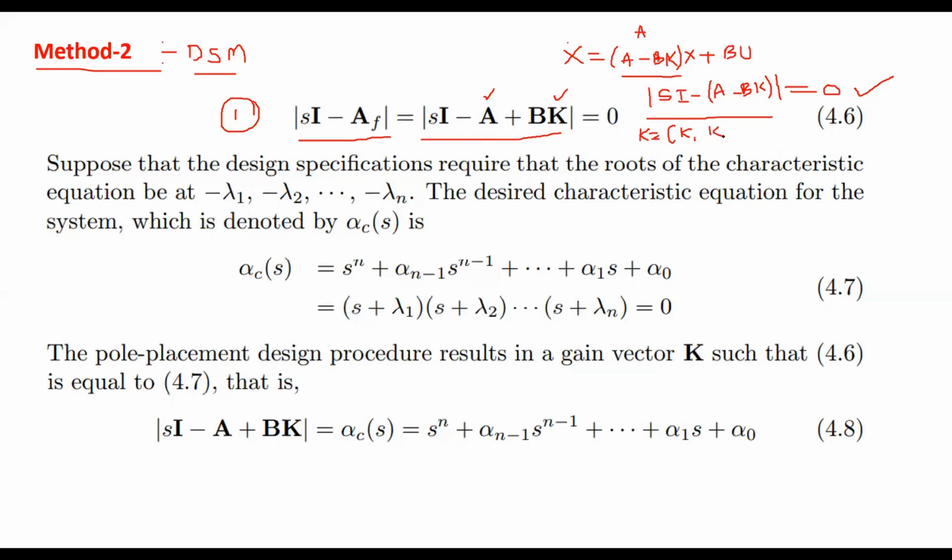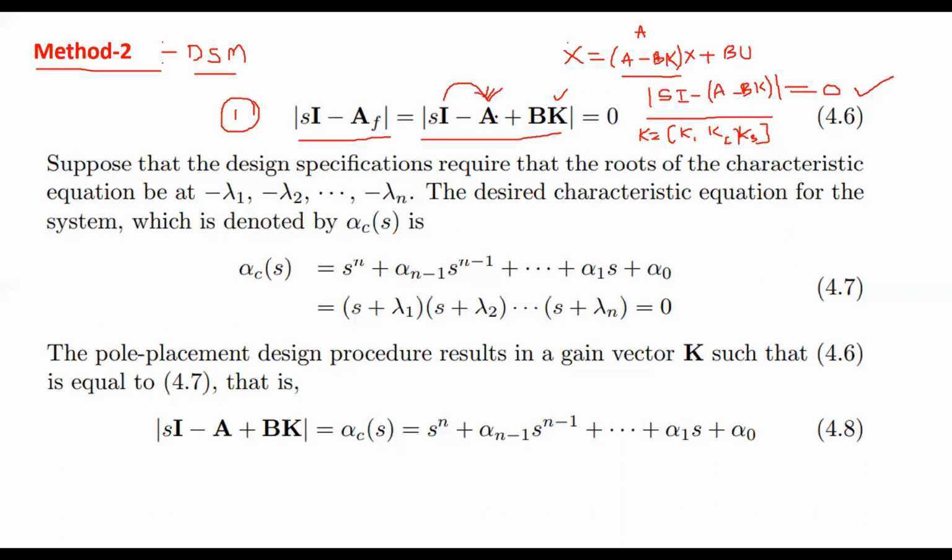Suppose A is a 3 by 3 matrix, then we have to include one more variable K3. Suppose it is a 4 by 4 matrix, then we have to include K4. So this matrix K always depends upon the matrix A. Please remember this. S is multiplied with the identity matrix, and this matrix also follows the order of system matrix A.